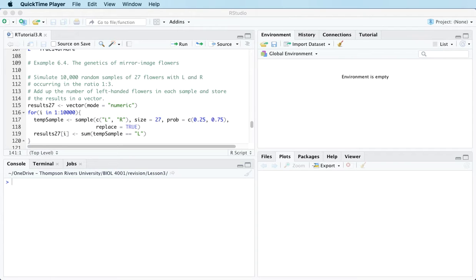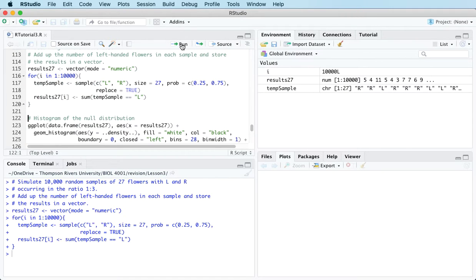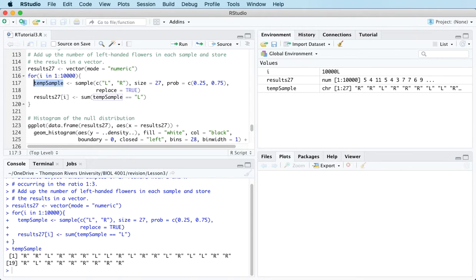So just like with the toads, I'm going to do a simulation so that we can calculate our p-value. So I'm going to set up a vector to store the results and then run 10,000 simulations, and in each one I'm going to sample a sample of 27 flowers, and the population proportion of left-handed flowers is 0.25 and of right-handed flowers is 0.75, and in this particular sample I got a right and then another right and then a left and then another right and so on.